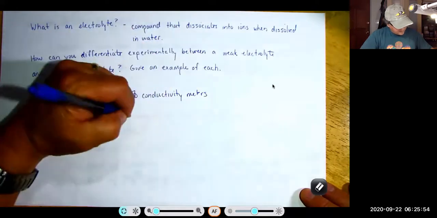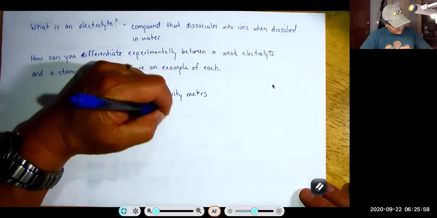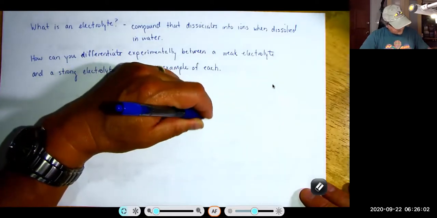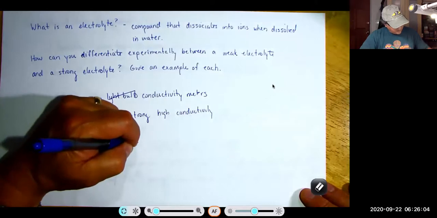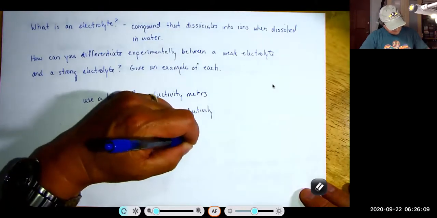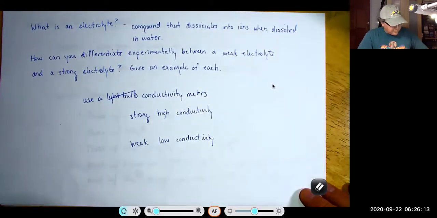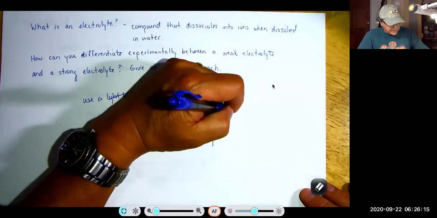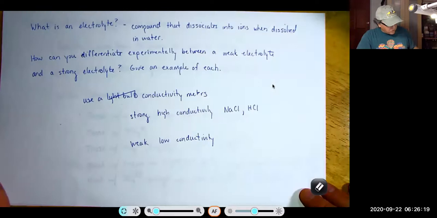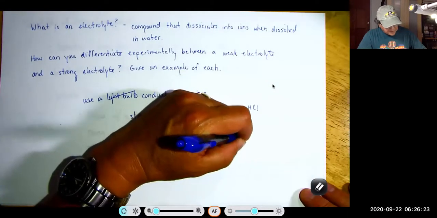The strong will have high conductivity, and the weak will have low conductivity. An example of a strong electrolyte is NaCl or HCl, which you've seen before. Low conductivity, the only example you've seen so far is the acetic acid.